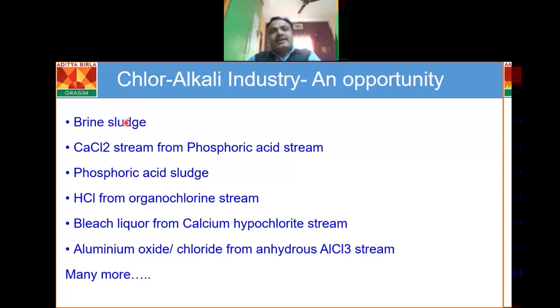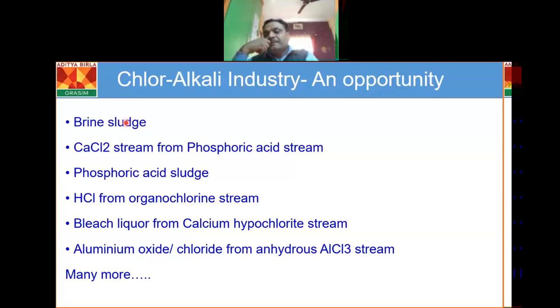And at Vilayat side, we are producing around 1,000 ton caustic per day, so around 40 ton of brine sludge is generated. The composition of this brine sludge is mainly barium sulfate, calcium carbonate, magnesium hydroxide, silica, and a few other residues.